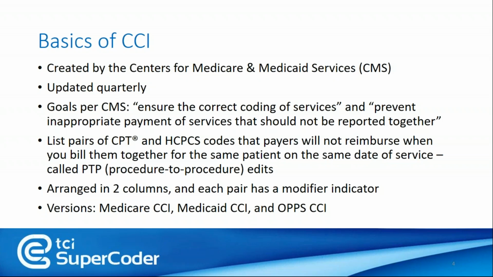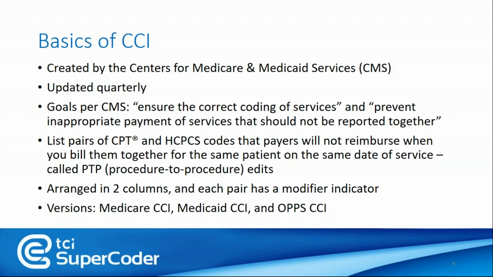Now I do have here on this last bullet point what I've mentioned previously, that there are different versions: Medicare CCI, Medicaid CCI, and OPPS, which is the part of the outpatient code editor that determines payment for hospital services under the outpatient prospective payment system. So that's what OPPS stands for if you're not familiar because you don't work in that area of coding. But SuperCoder has tools for all 3 versions of CCI.